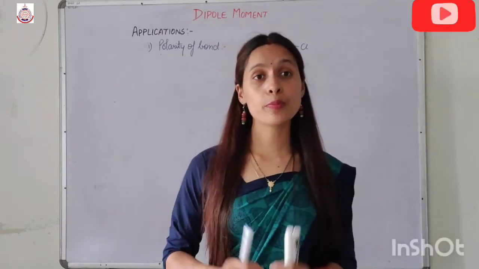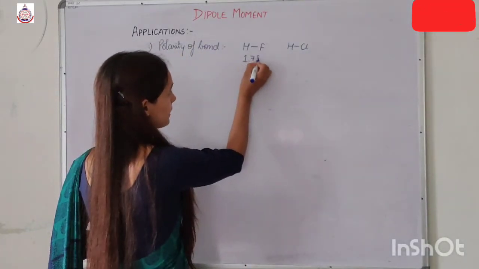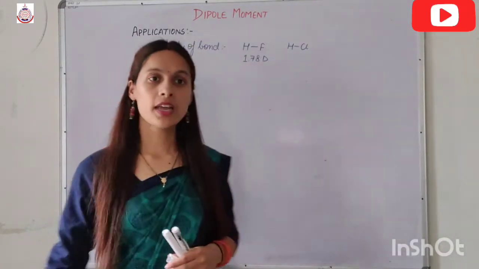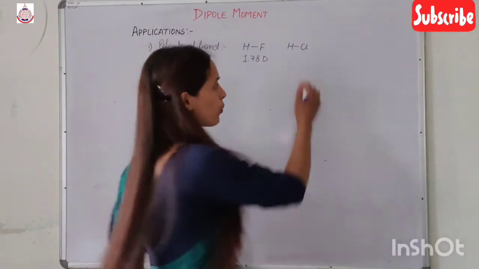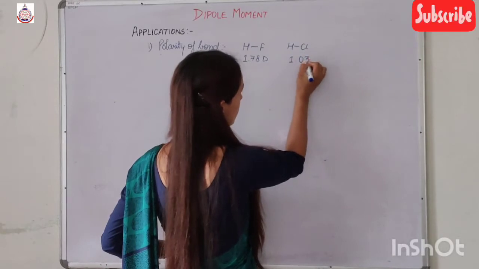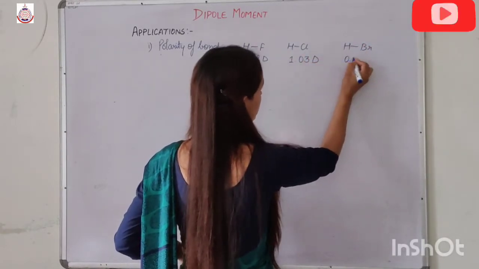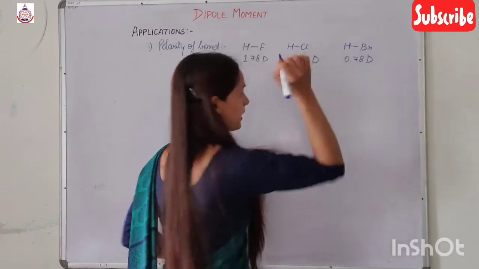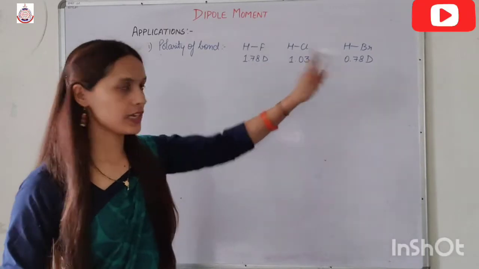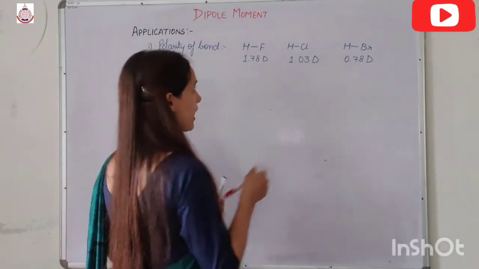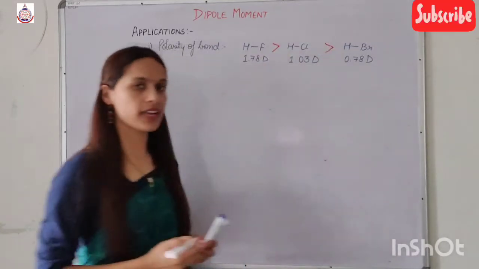The dipole moment of HF is 1.78 D, the dipole moment of HCl is 1.03 D, and HBr's dipole moment is 0.78 D. So we can say that HF is more polar than HCl and HCl is more polar than HBr.